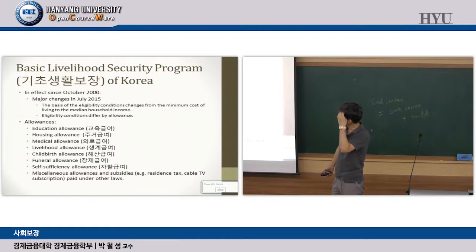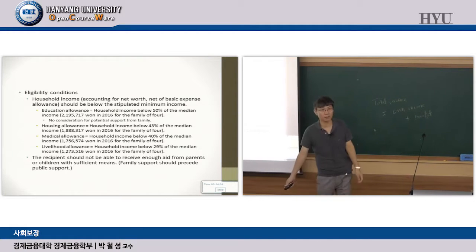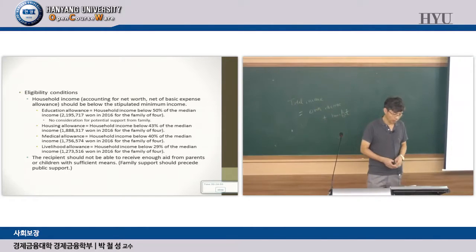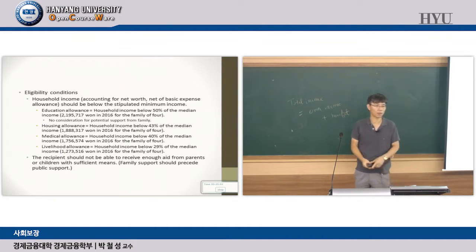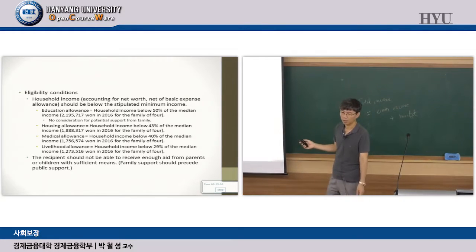Now, those are the types of allowances that the Korean government gives as welfare benefit. And the eligibility conditions. As I said, the primary eligibility condition is whether the household's income is below a certain threshold. Up to July 2015, it was the minimum cost of living.